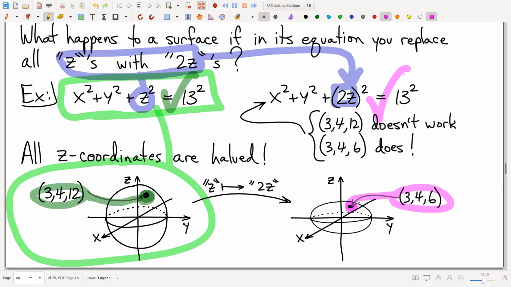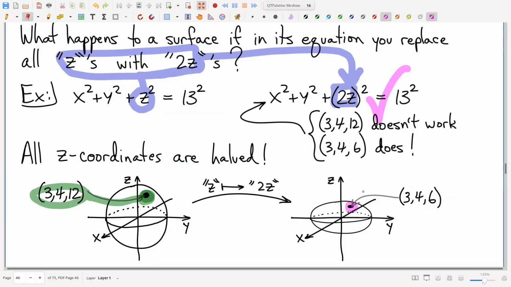And then I have actually a pretty good answer to my original question, which is: what is the effect of everywhere I see a z, I put a 2z? What that effectively does is it takes all the z coordinates and divides them by 2. It's like I'm squishing. Geometrically, I'm squishing in the z direction.